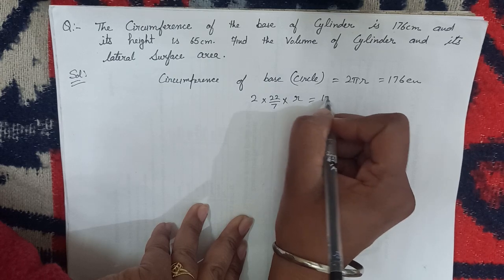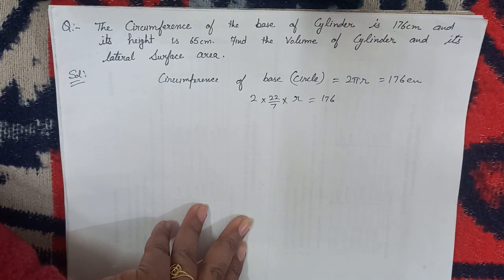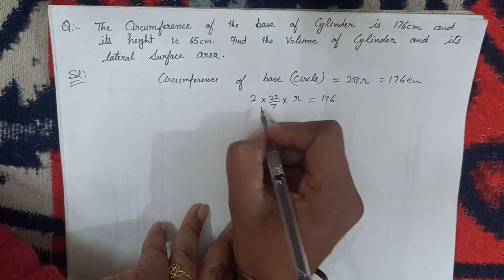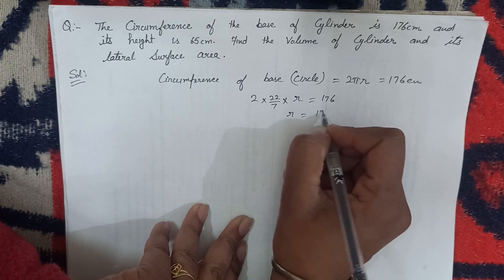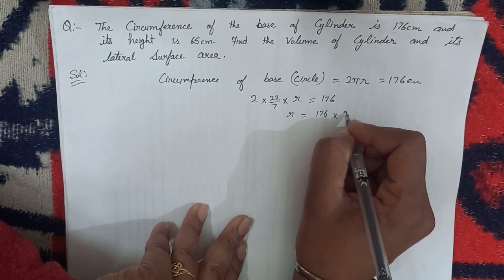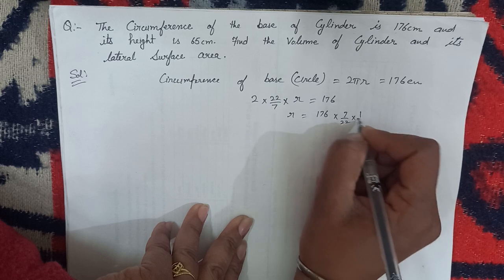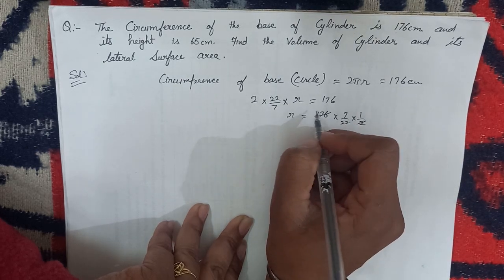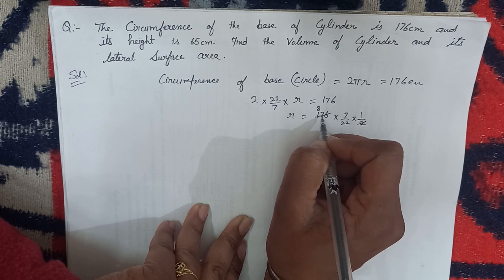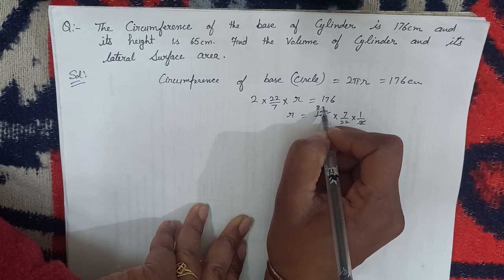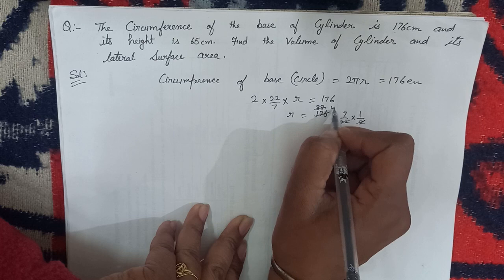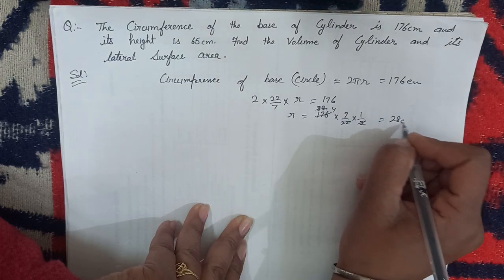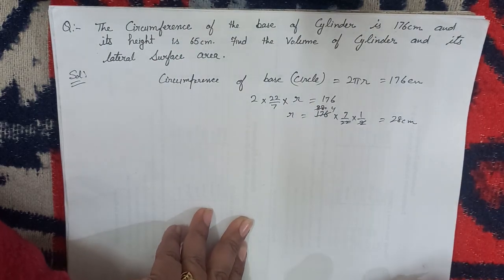R we want to find out, 176. Now we will write it as 176 into 7 by 22 and 1 by 2. Now this we can cut on the table of 2. 8, and this will be on a 4. 7 4s are 28, so 28 centimeter will be the radius.